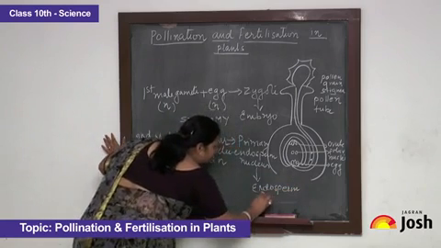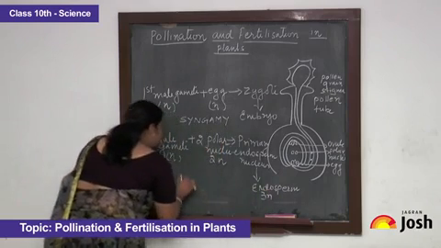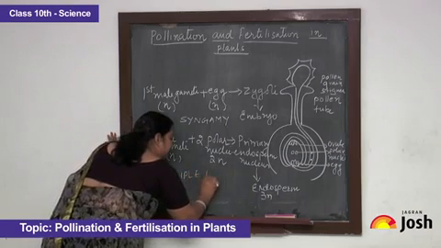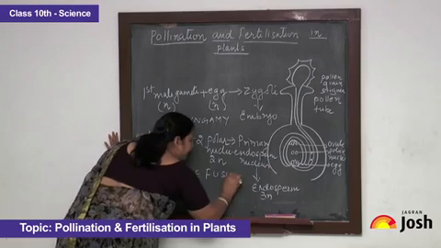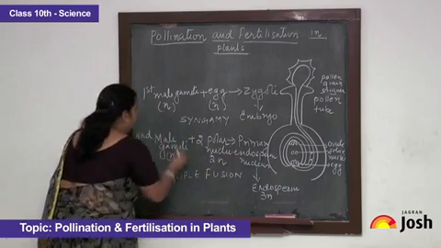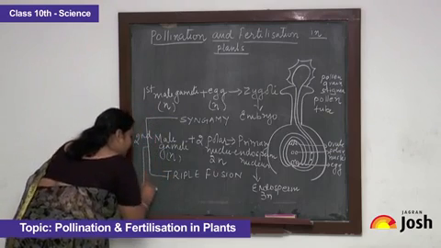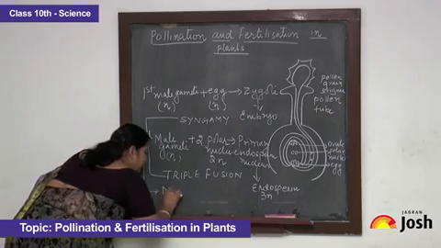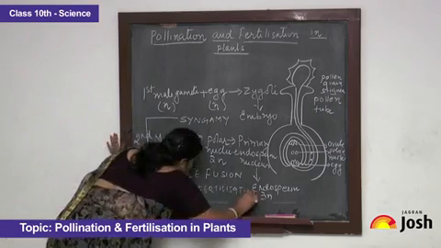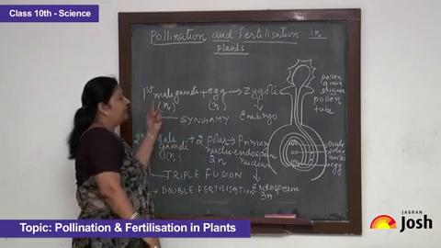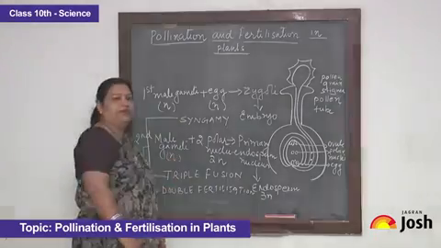This is a triploid structure, and this entire phenomenon is called triple fusion. Syngamy and triple fusion taken together form double fertilization. Because the nucleus is fusing two times, this entire phenomenon is called double fertilization.